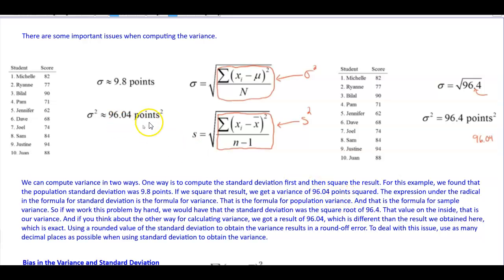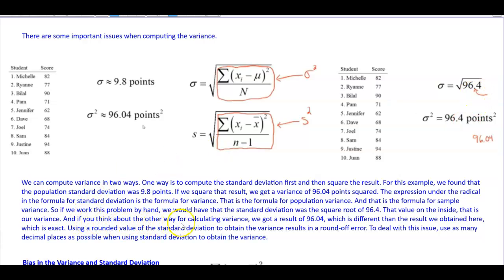96.04 points squared. Now the expression under the radical in the formula for the standard deviation is the formula for variance. That is the formula for population variance, and that is the formula for sample variance. So if we work this problem by hand, the standard deviation would be the square root of 96.04. That value on the inside is our variance.